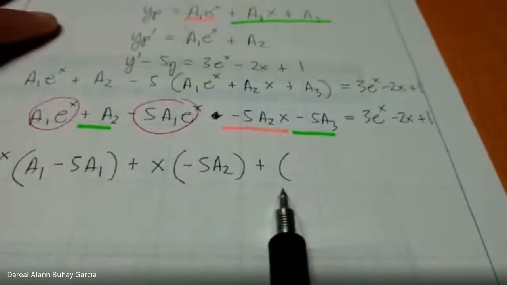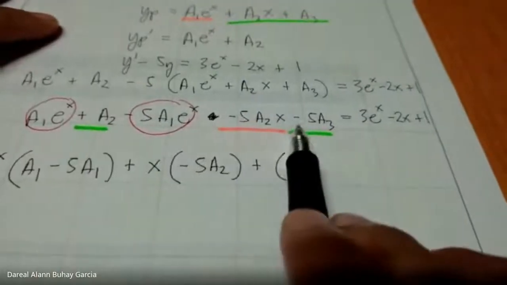Plus the coefficients of x to the power of 0, or the constants: a2 minus 5a3. Equal to 3e to the power of x minus 2x plus 1.